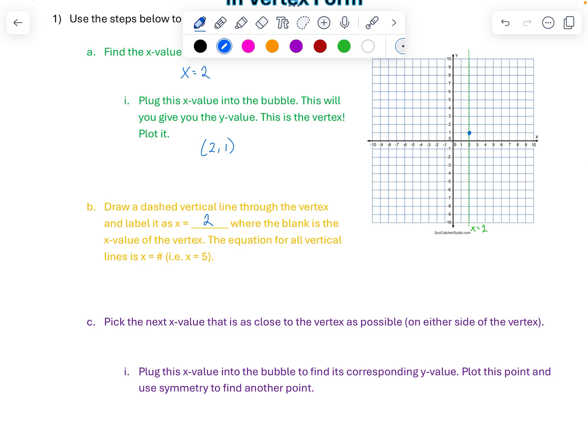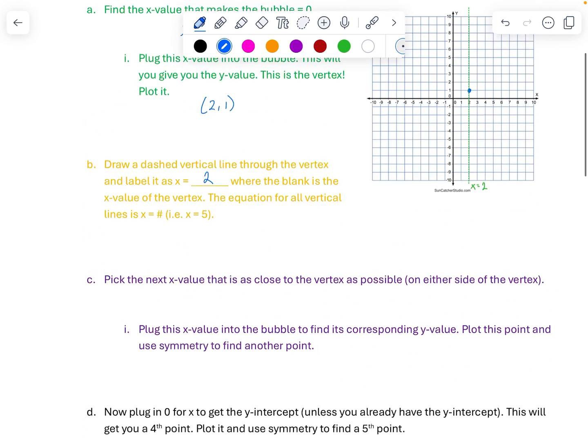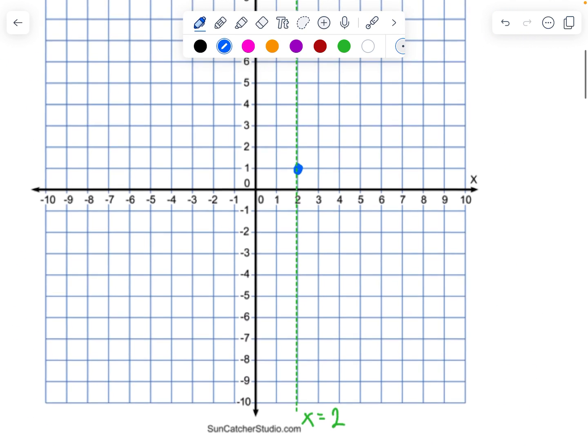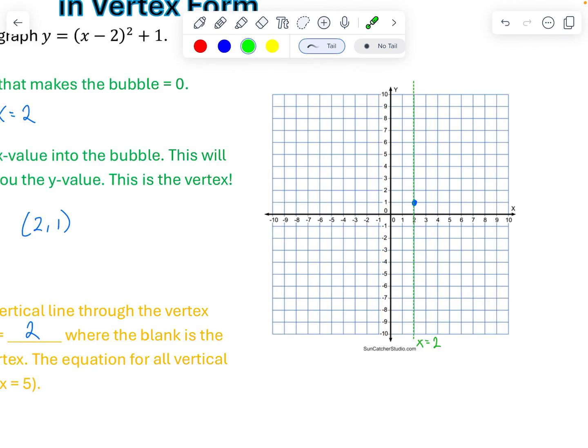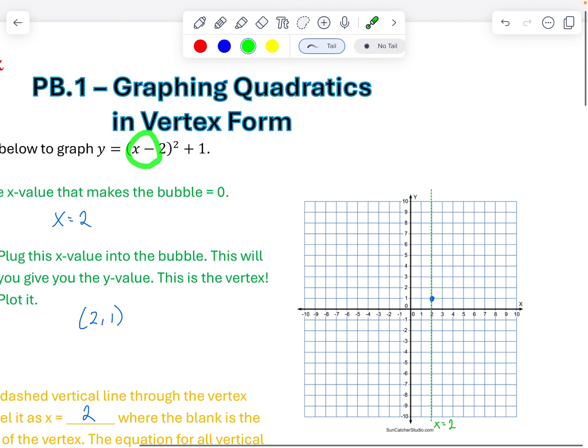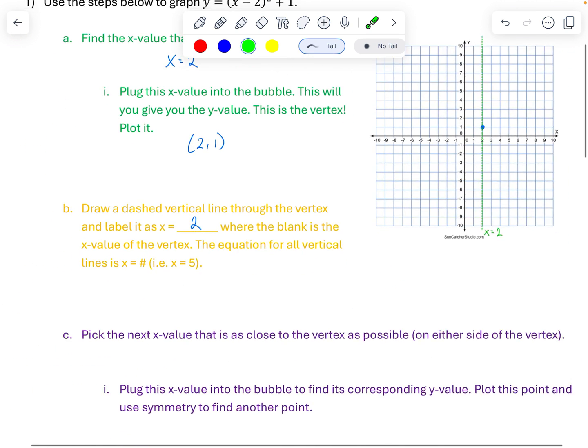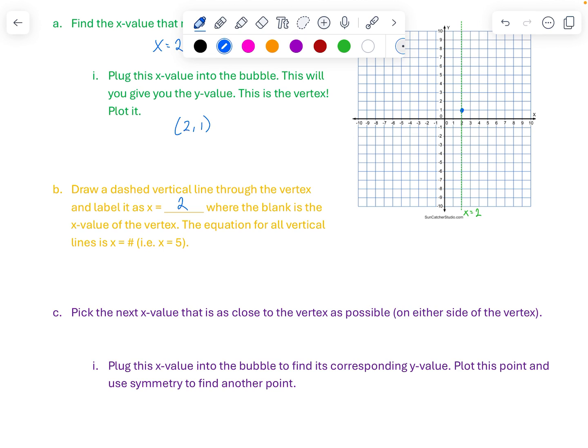Now we're going to pick an x value that is as close as possible to the vertex. So, since our vertex is at 2, I'm going to choose either x equals 3 or x equals 1. I'm going to choose 3 because that's going to make the bubble positive, and we tend to make fewer mistakes with positive numbers. So let x equal 3.